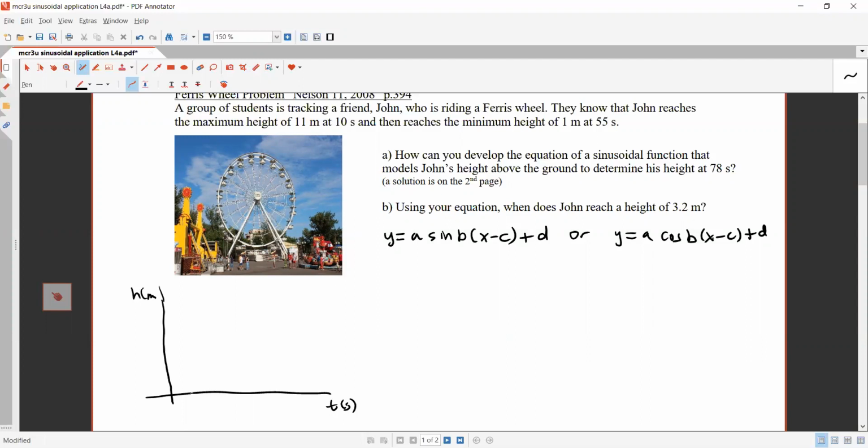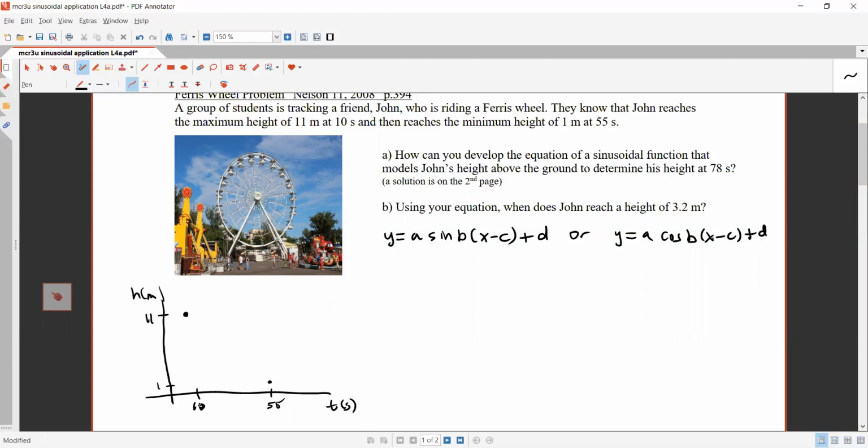So maybe we're here at 10 seconds, maximum height is 11. This is not drawn to scale, but hopefully you understand what I'm trying to do. And then a minimum height of 1 meter at 55 seconds. That's all we seem to have.